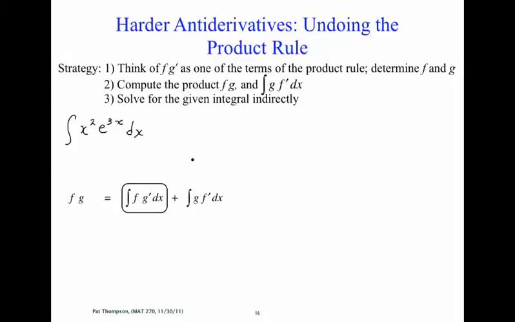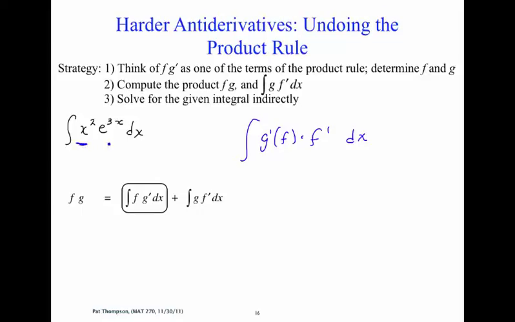Okay, remember, undoing the chain rule is g prime f times f prime. So if we were trying to do undoing the chain rule, what would our g prime f be, and what would our f prime be?